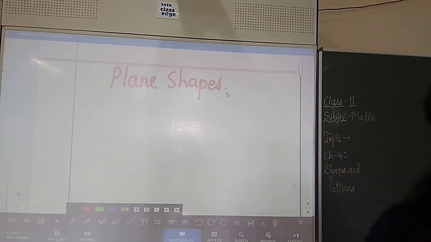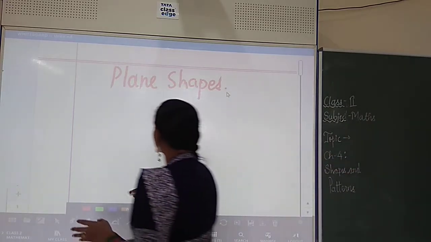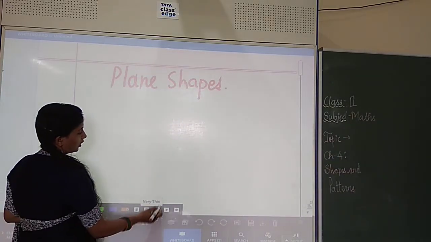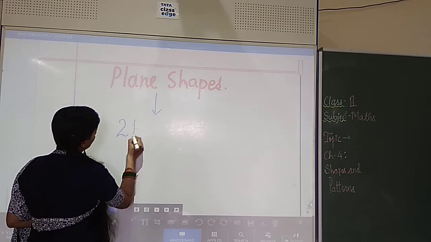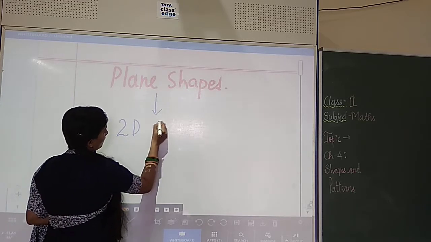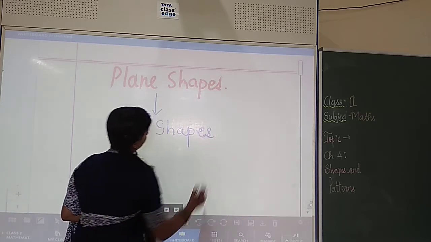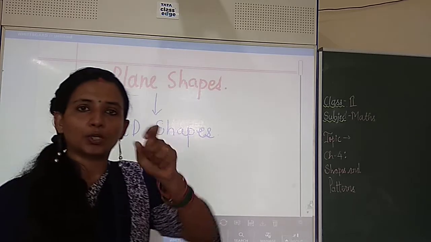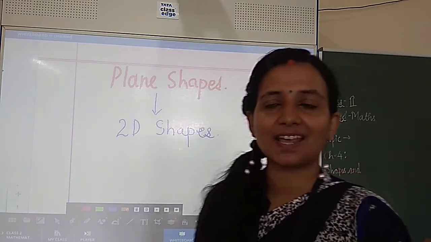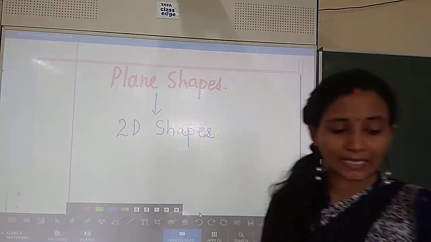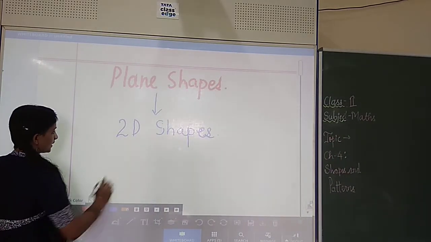Now, if we are going to study plane shapes, plane shapes are also known as what? We call them 2D shapes. Why do we call them 2D shapes? What is the meaning of 2D? D stands for dimensional.